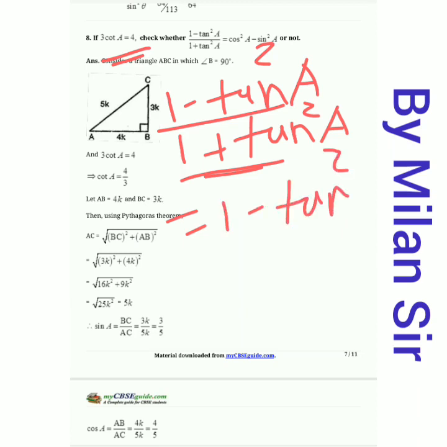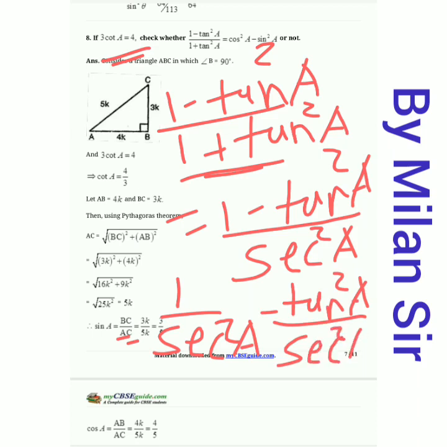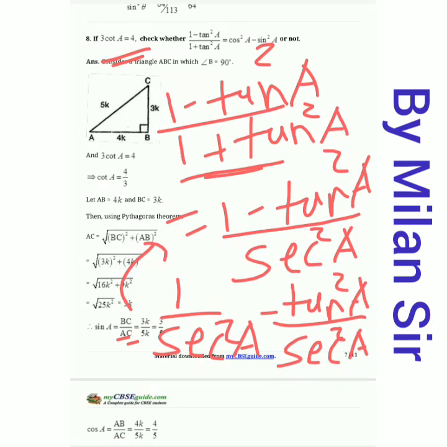So 1 plus tan square A is equal to sec square A. Now we can give separate denominator to both these terms in the numerator, that means 1 upon sec square A and tan square A upon sec square A, right?